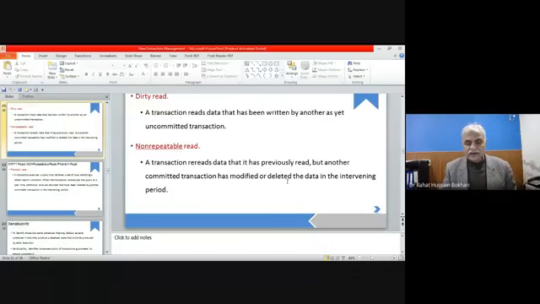In that manner, I get the data that is basically updated, modified or deleted in the intervening period. So such a read is called non-repeatable read.